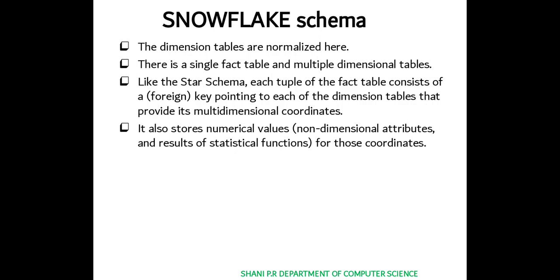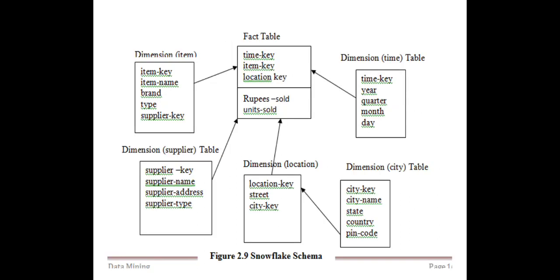Like the star schema, each tuple of the fact table consists of a foreign key pointing to each of the dimension tables that provide its multidimensional coordinates. As I told, the fact table will have the foreign keys. Here it also stores the numerical values, non-dimensional attributes and results of a statistical function for those coordinates. When you draw the snowflake schema, it is important that you show the subdivision of the particular dimension table.